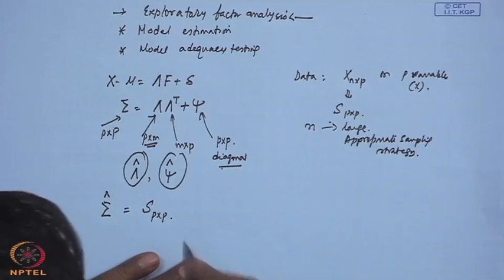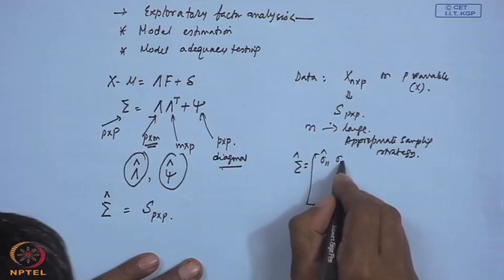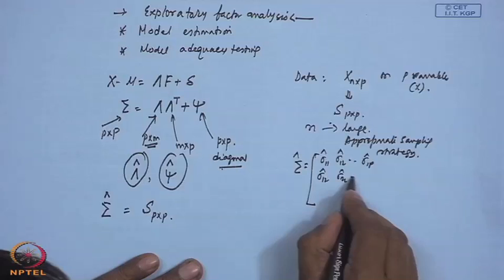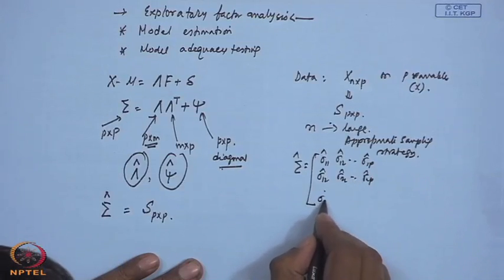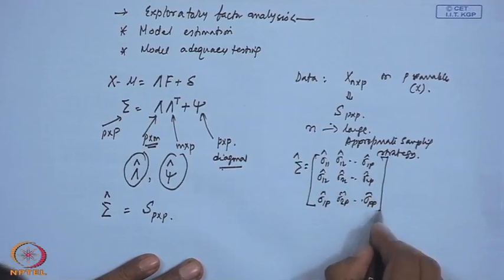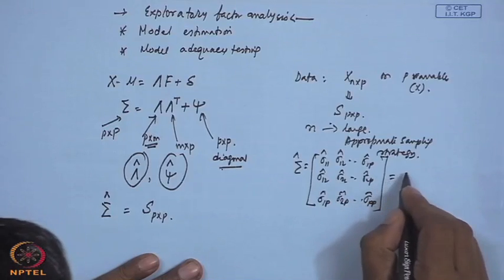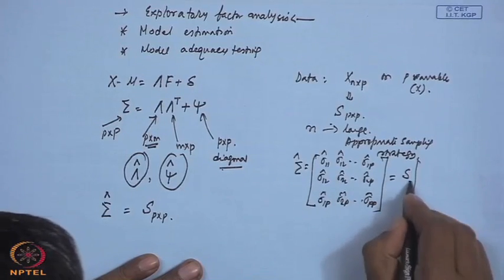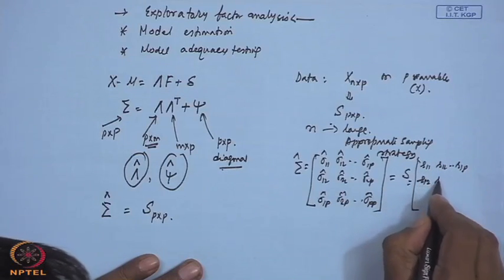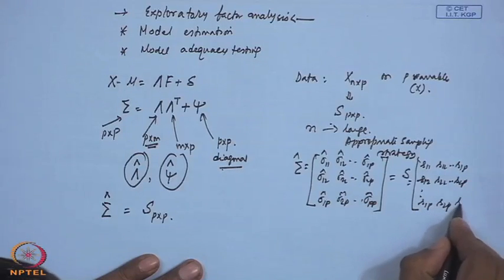then we can say that the sigma estimate, which is sigma 11, sigma 12, sigma 1p, sigma 12, sigma 22, sigma 2p, like this, sigma 1p, sigma 2p, sigma pp. These estimates are basically S, where S is S11, S12, S1p, S12, S22, S2p, like this, S1p, S2p, Spp.